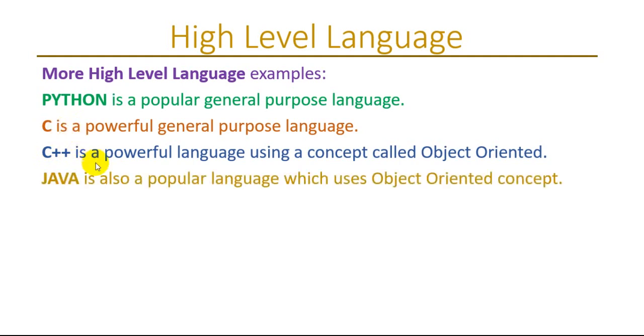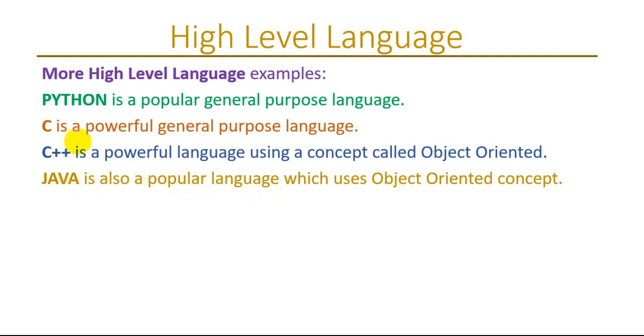And you must have heard of Java, again used in web environments, which also supports the object-oriented concept. I'm not going into any depth about those things. I just wanted to show you the different languages that are available for people to choose and use.